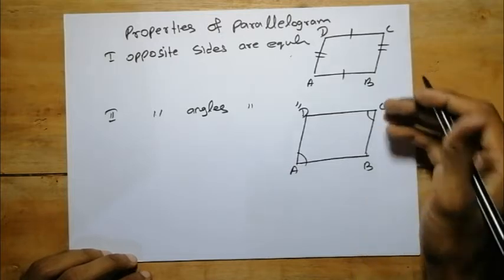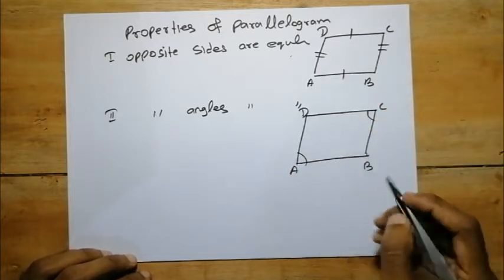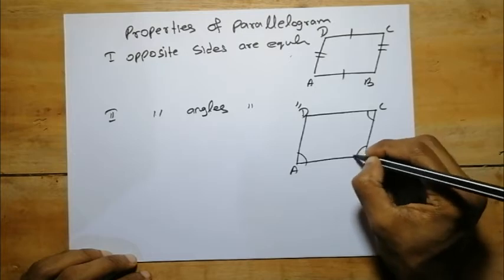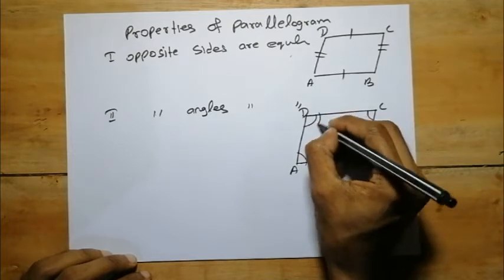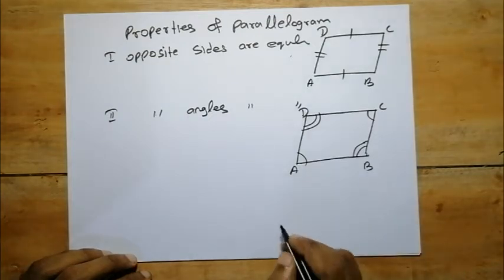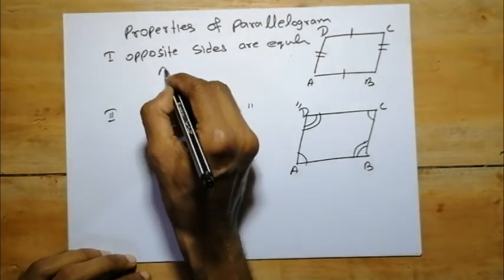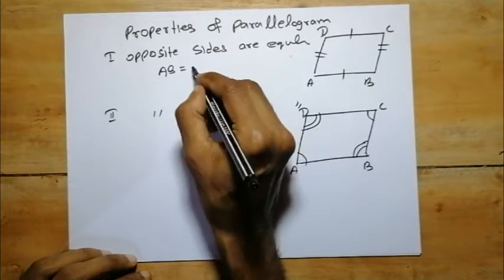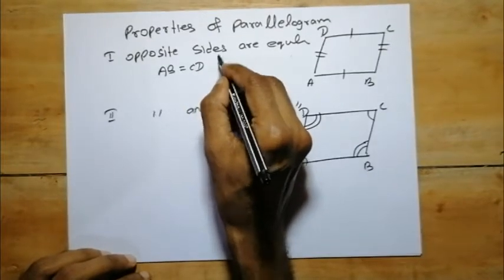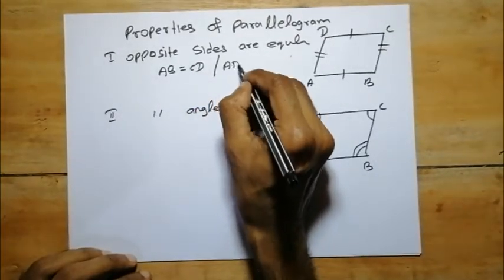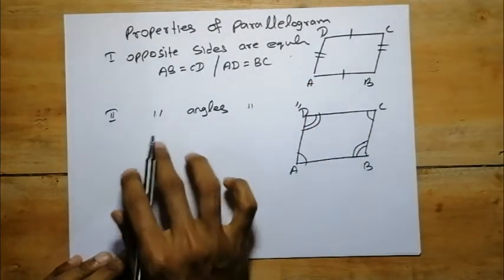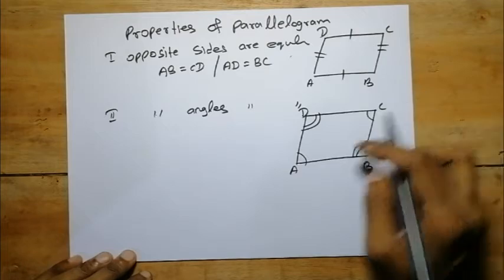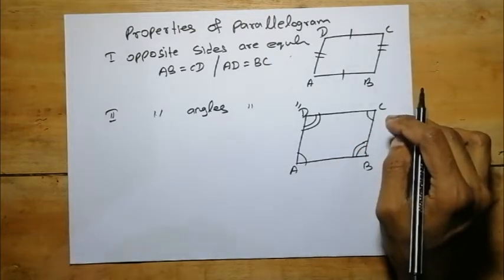Opposite angle means the opposite vertex angles. The next opposite angles are on vertex B and vertex D. If you name it, AB equals CD and AD equals BC, those are the opposite sides. Opposite angle means the opposite vertices' angles.